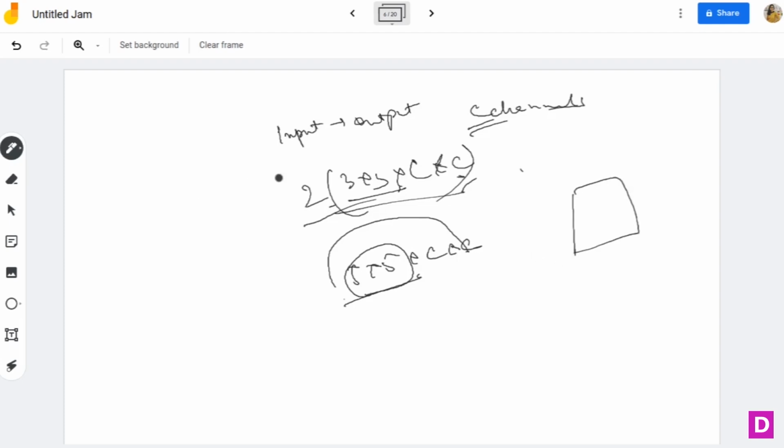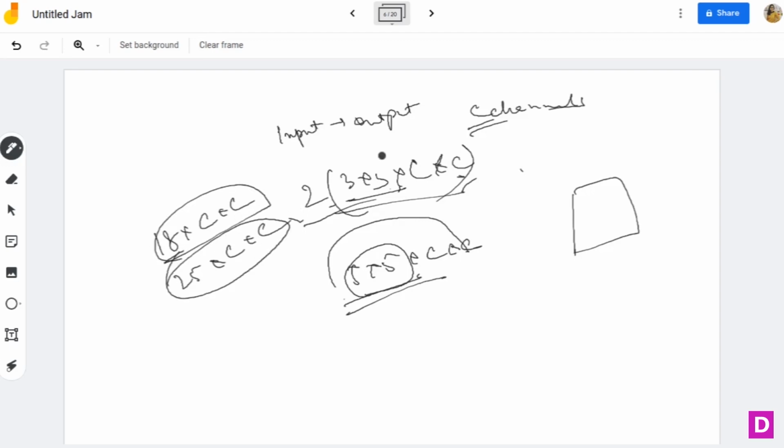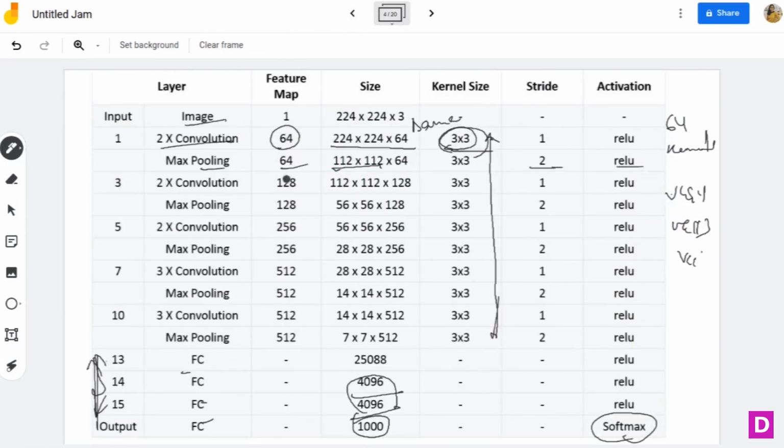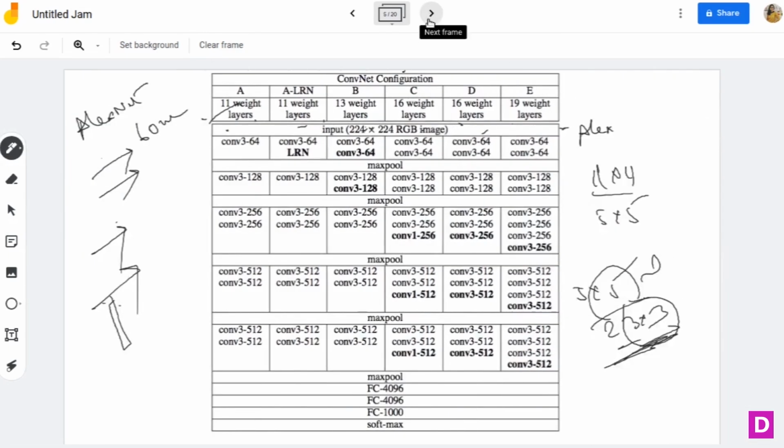Now let us calculate. 3 cross 3 is 9, 9 twos are 18, so 18 into C cross C. Here it is 25 into C cross C. So you can see this decreased by a lot. If C is small it won't matter much, but C is large: these are the numbers of kernels, 128, 256, 512.